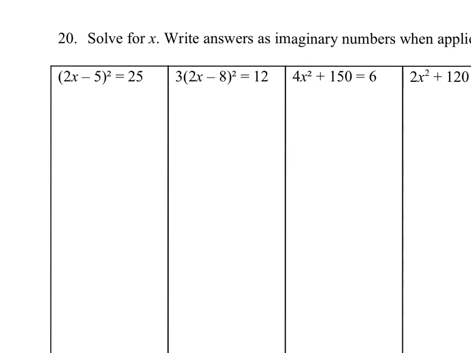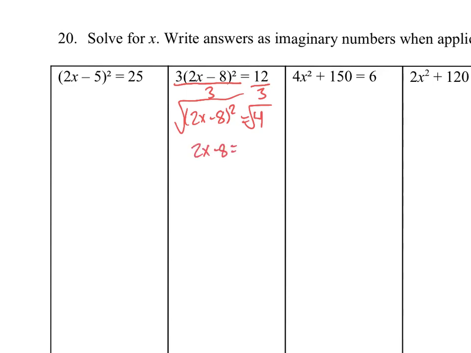Actually, I'll skip this first one. So this one, remember you have to divide by 3 first. A lot of people want to distribute that 3 or do something else with it, but you have to divide it first. Then this is just going to leave this, and then you can square root. Here I'm left with 2x minus 8.